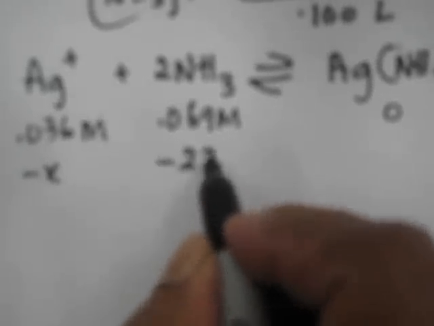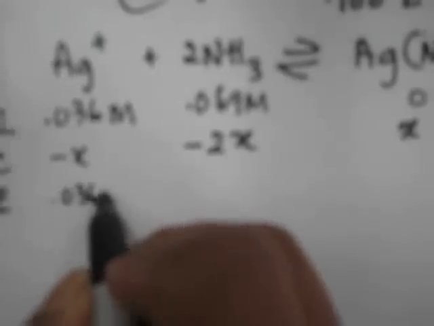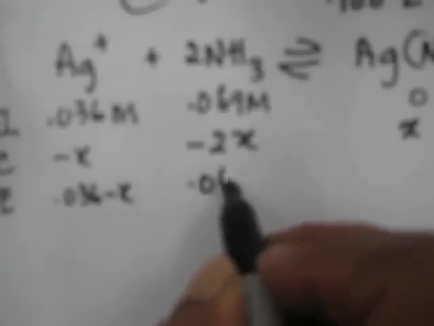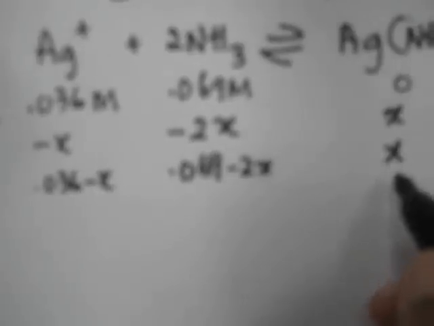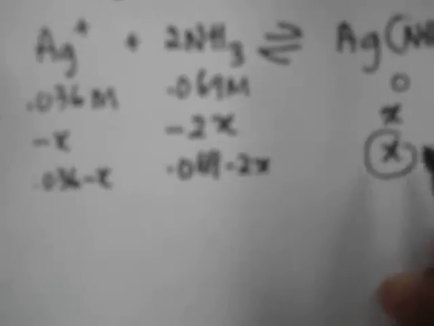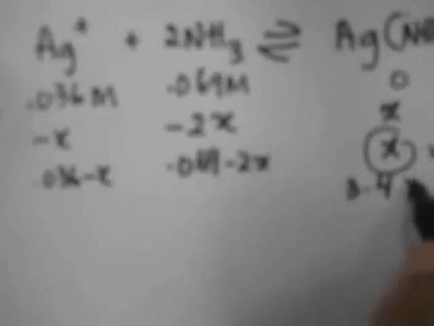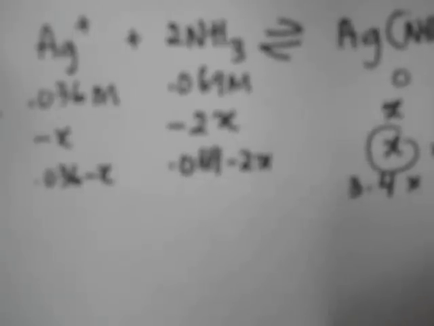The complex ion is 0 and the change is minus x, because we know the reaction goes toward the products. So this will be minus 2x and this will be plus x, and the equilibrium concentrations will be 0.036 minus x, 0.069 minus 2x, and x, and x is given, which is 3.4 times 10 to the negative second molar.